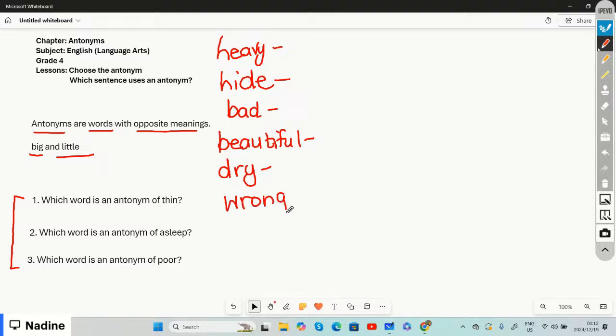Wrong. What is the opposite of short? And then one more word: start. You need to find the opposite of these words. I'm going to give you time to give me the opposite of those words, and then we are going to do it together.